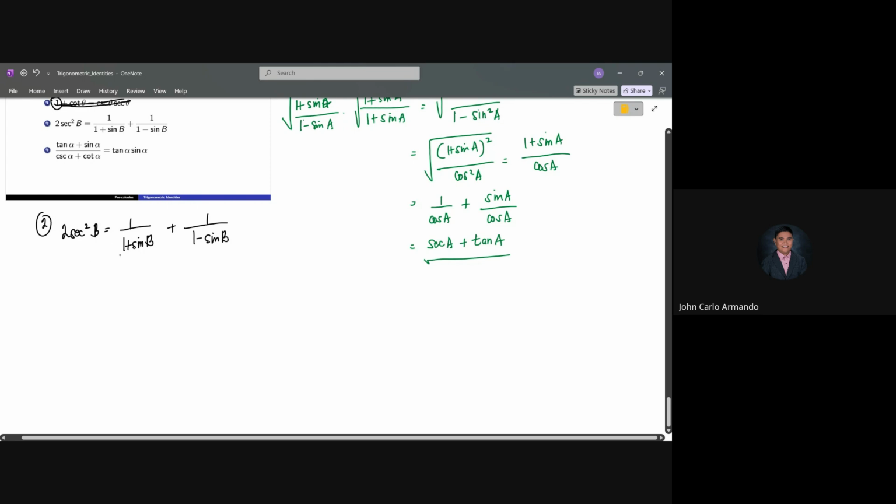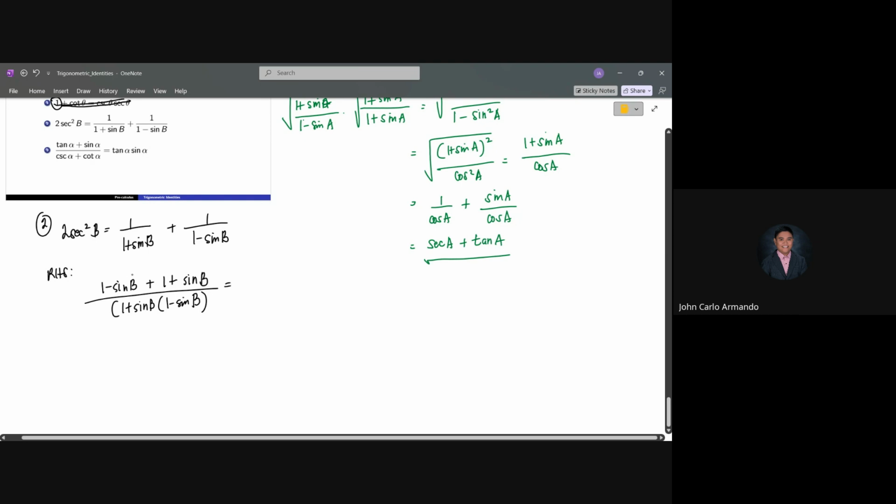So it is very obvious that we need to manipulate the right hand side. So getting the LCD, that is simply the product of the two, 1 plus sine b times 1 minus sine b. And just cross multiply: 1 times 1 minus sine b, that is 1 minus sine b, plus 1 times 1 plus sine b, that's 1 plus sine b.